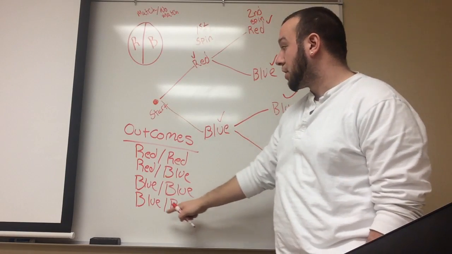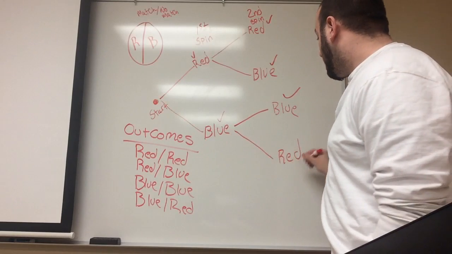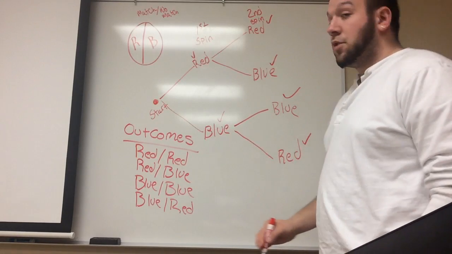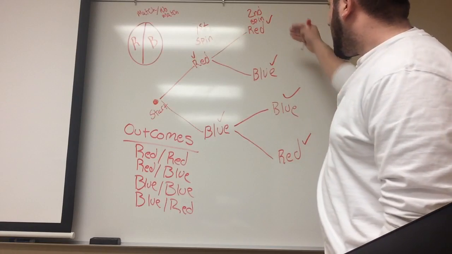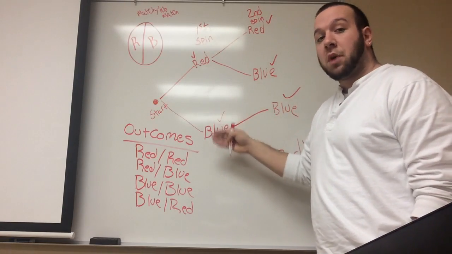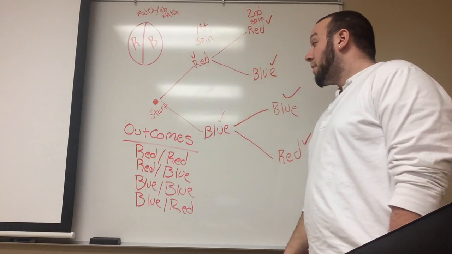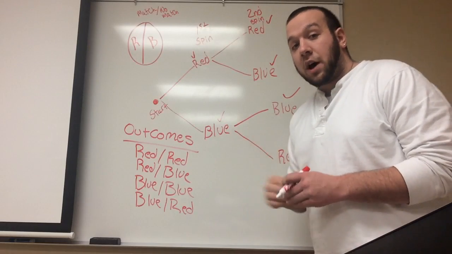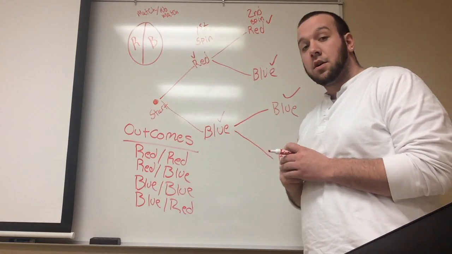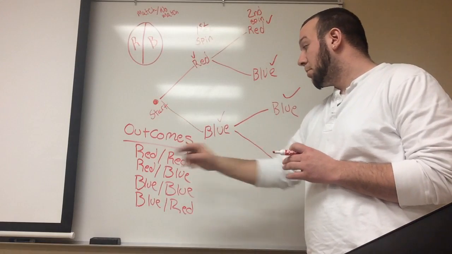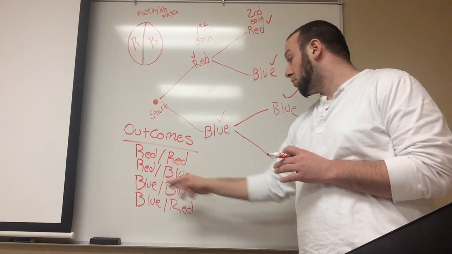And our last possible outcome is you could spin blue, and then red. So if you look back to your nice organized counting tree, you can see that we have checked off and listed every single possible outcome for the match, no match game. All the possible outcomes for the no match game are red, red; red, blue; blue, blue; blue, red.